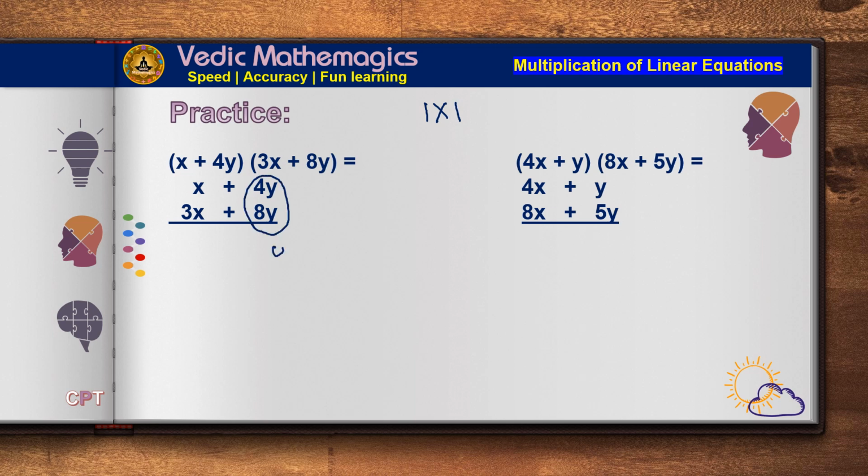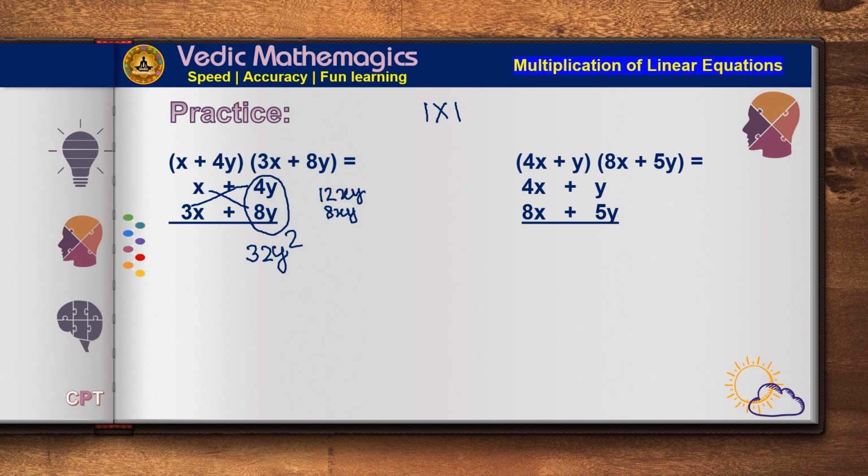So y into y becomes y square. 8 fours are 32. Then finally the crosswise pattern, that is x into 8y becomes 8xy, and 4 threes are 12. Let me write x into 8y becomes 8x square, then 3x into 4y becomes 3 fours are 12xy.